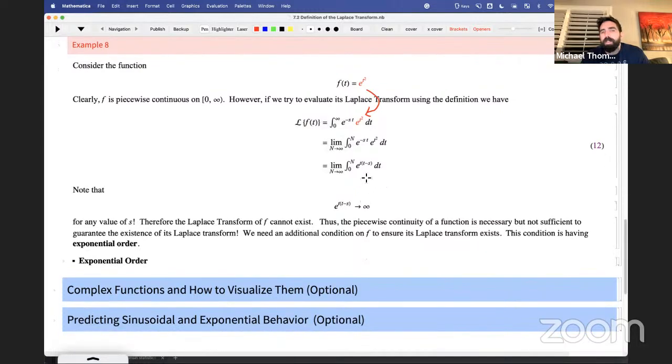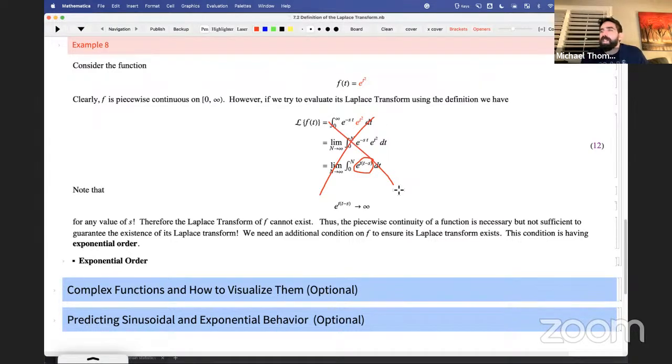And then what you'll notice is this guy goes to infinity. So the function that you're integrating over gets larger and larger, which means the improper integral isn't going to exist because it's got way too much area. So that thing has no chance at existing. So that means the Laplace transform doesn't exist.